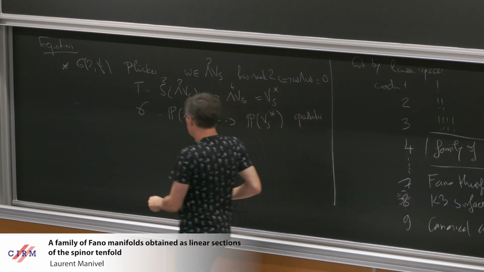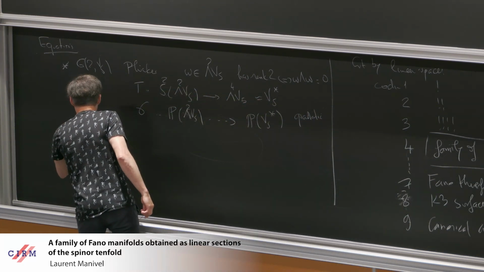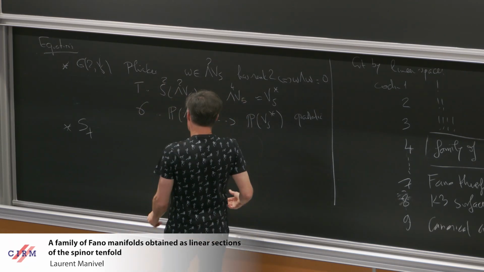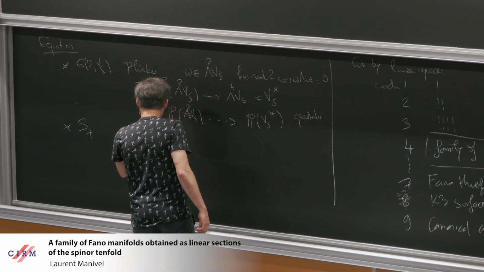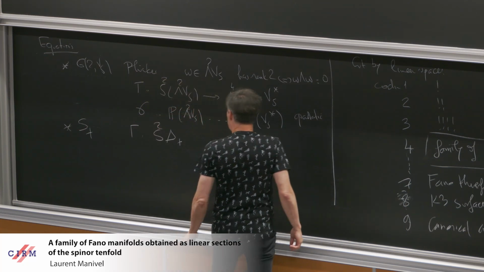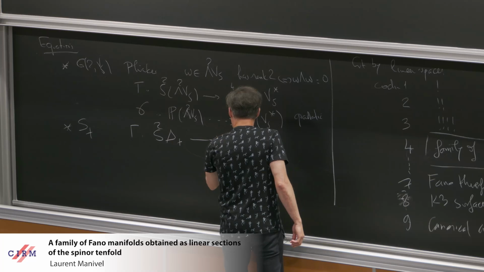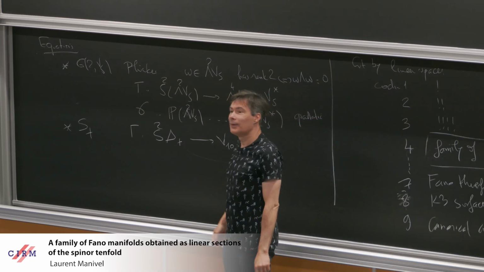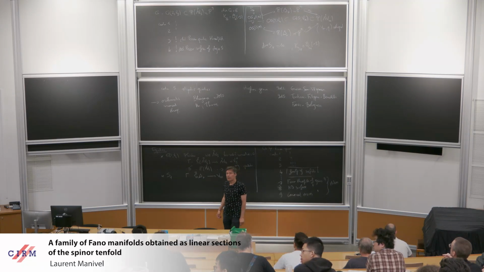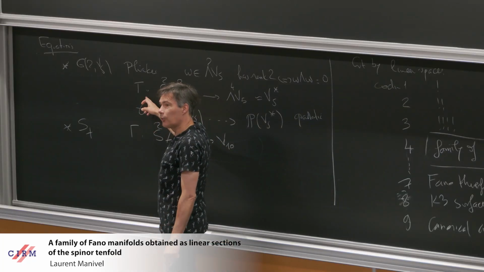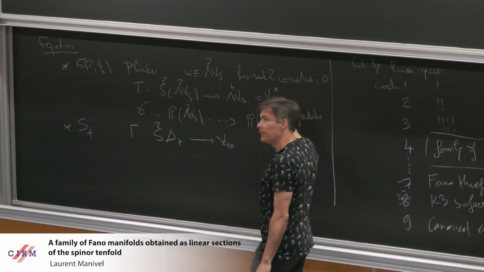So for the spinor tenfold, that's completely similar. The fact is that there is a similar map from S2 delta plus to V10, which gives you... so what does this map between projective spaces do? This is the same. You take omega, you map it to omega wedge omega.